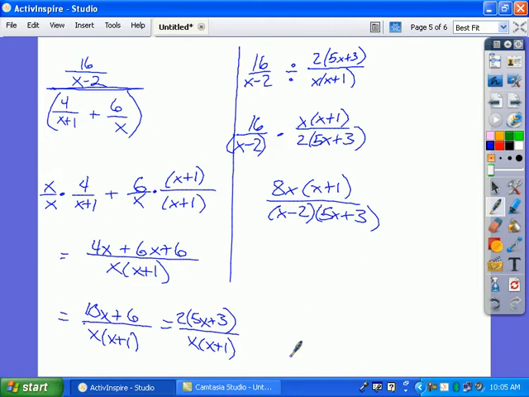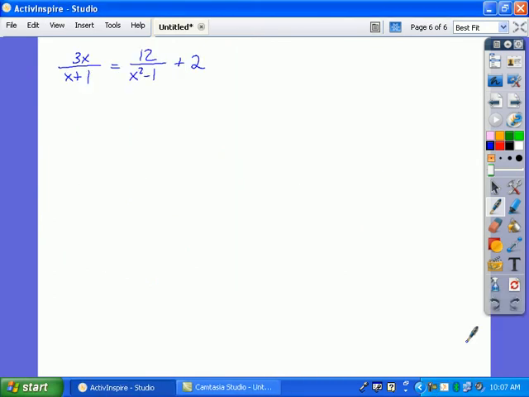All right. So one last problem. This is a rational equation, and it is not a proportion. Okay, so I cannot use my cross products, cross multiplication approach. The approach here is to find a common denominator, and I'm going to multiply everything by the common denominator.